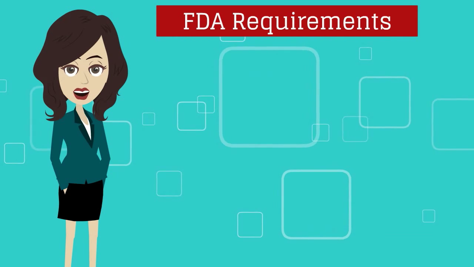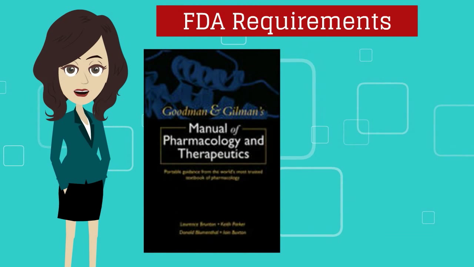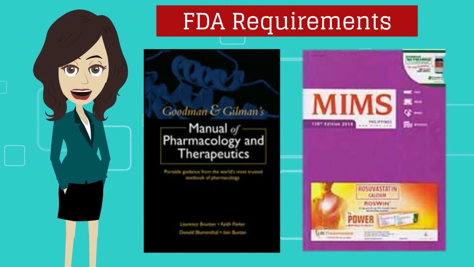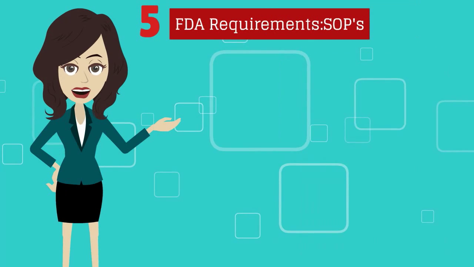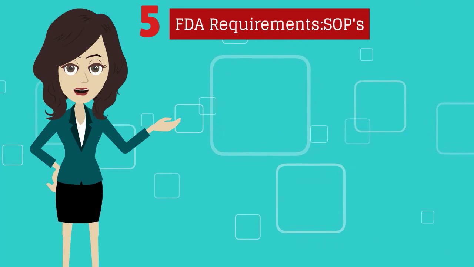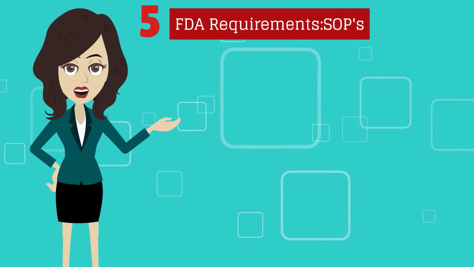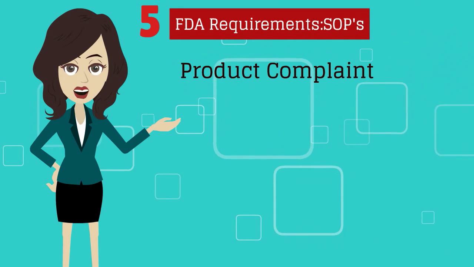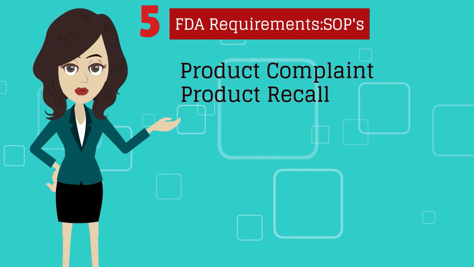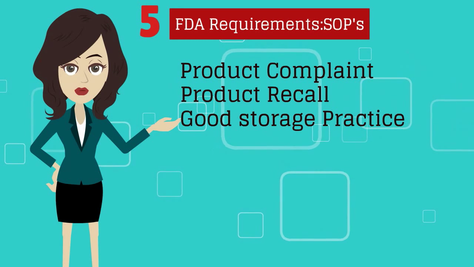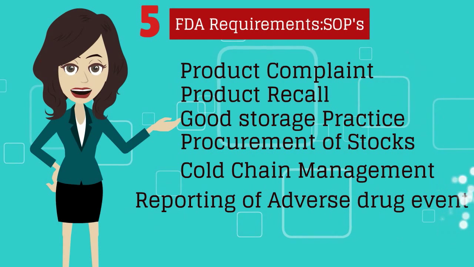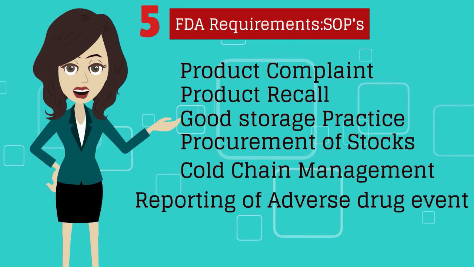Store should keep at least 2 reference materials, such as Goodman and Gilman's Manual of Pharmacology and Therapeutics, and latest MIMS. And lastly, 5. FDA officers are very keen to store compliance with regards to the policies and procedures in the following areas: product complaint, product recall, good storage practice, procurement of stocks, cold chain management, and reporting of the adverse drug event.